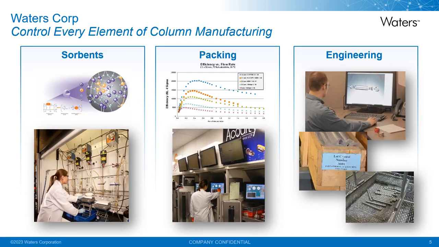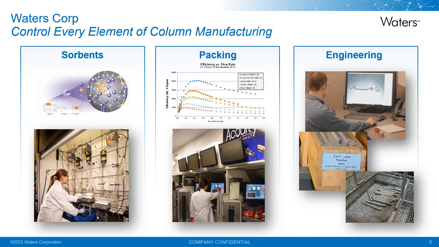Simply cobbling together columns from a list of parts limits the actual quality and the end-use reproducibility of the columns because these column assemblies and assemblers may not fully understand and be in control of their manufacturing process. As well, relying on outsourced materials can provide a concern for product availability and shipment delays for the end scientist, which is you, who is relying on these columns to do their work.